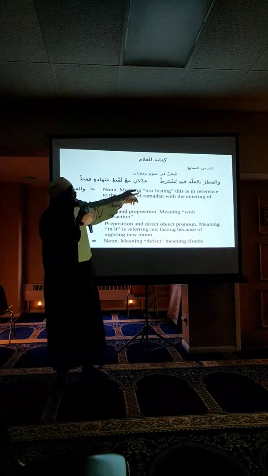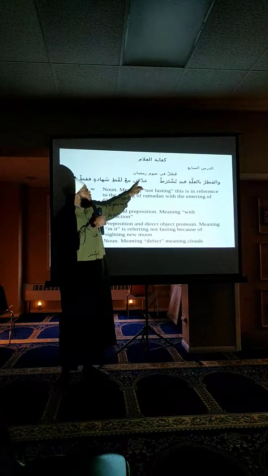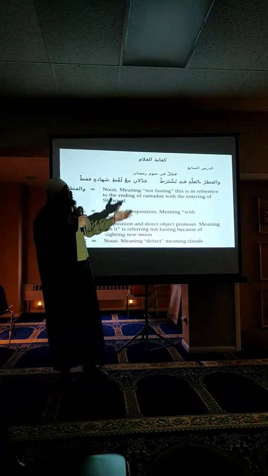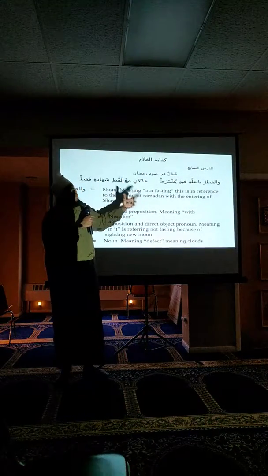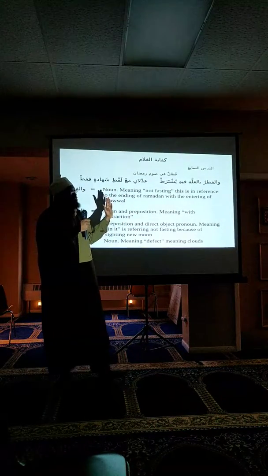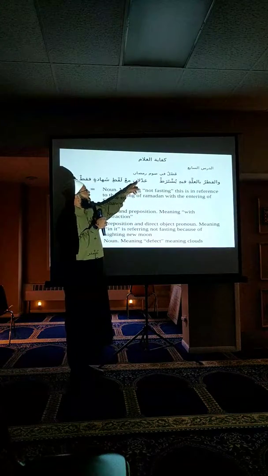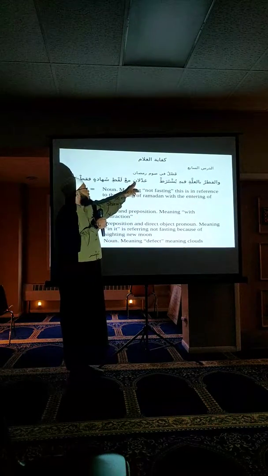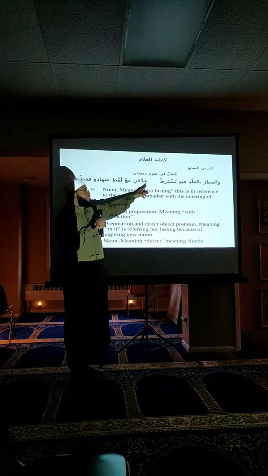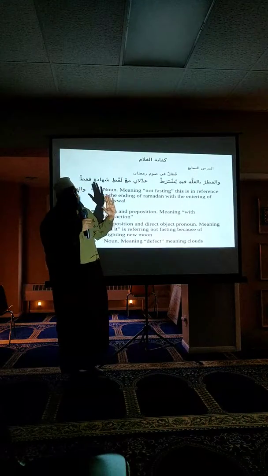For example, if you have a letter and then you have an alif after it, the only thing it can be is a fatha. Nothing else. So you know right away that this is "lan." You might not know if this is a dhamma, fatha, or kasra, but at least you know right here, "lan." You know that much.